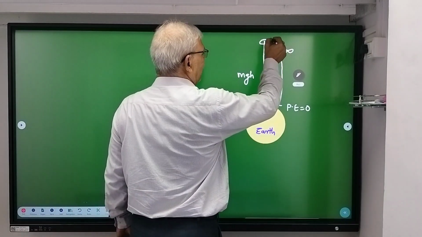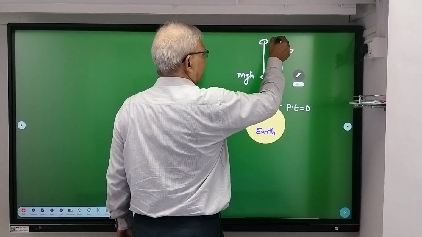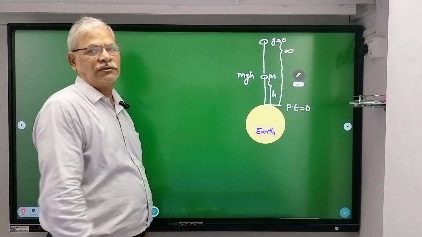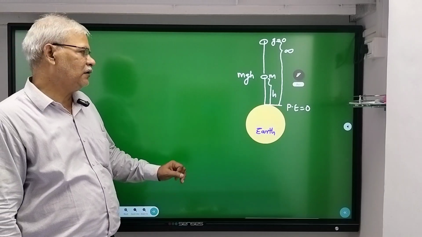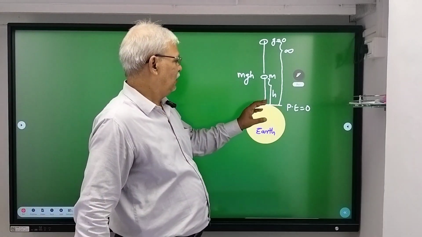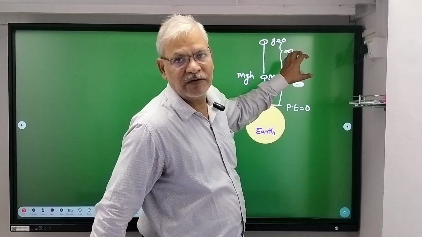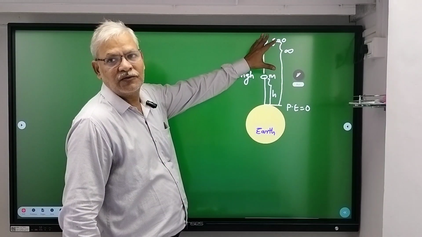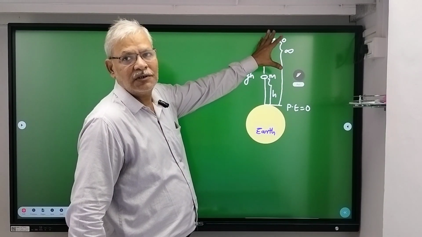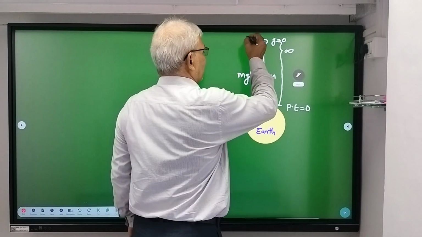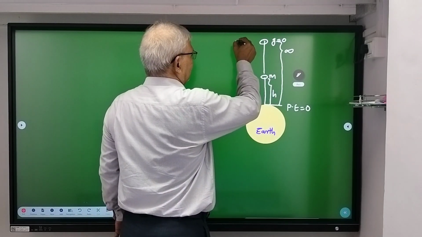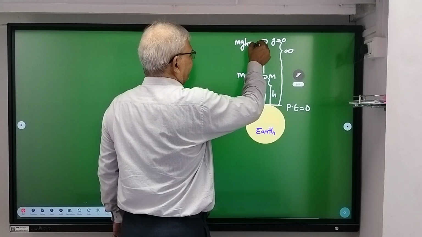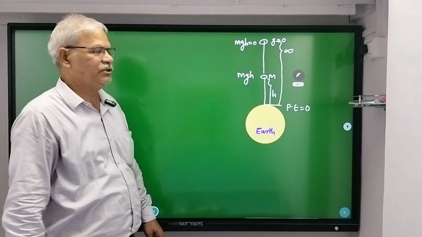The value of g will decrease and it will reach up to 0 as the force of attraction of earth goes on decreasing. Its acceleration due to gravity will also decrease, and then the value of mg at infinite will be 0.